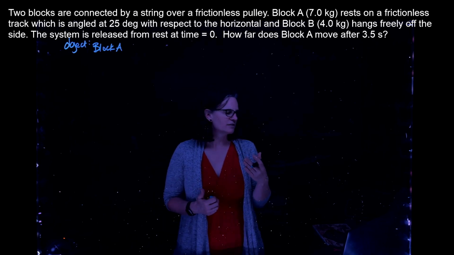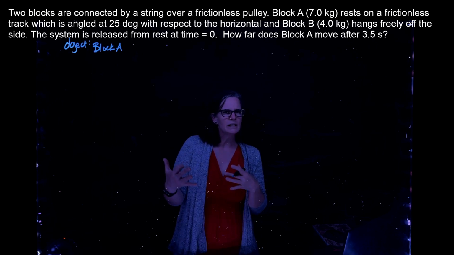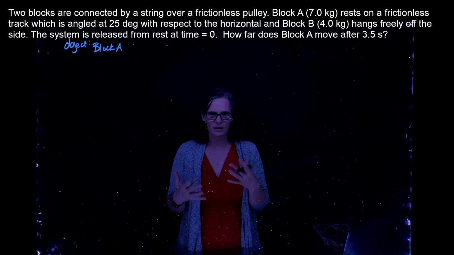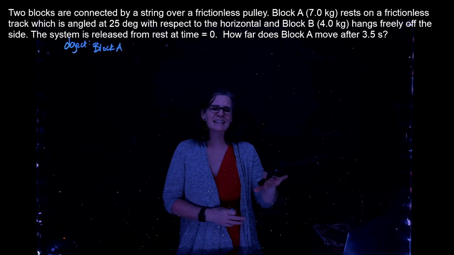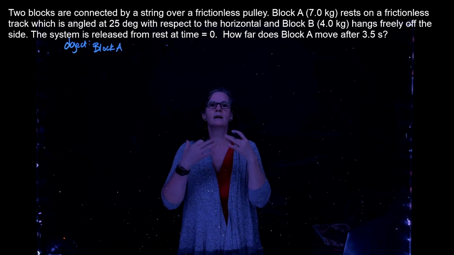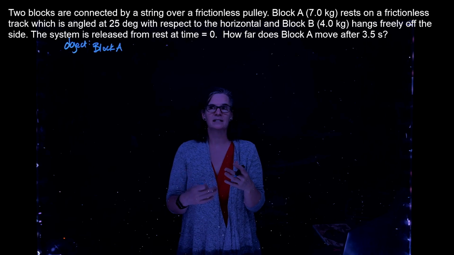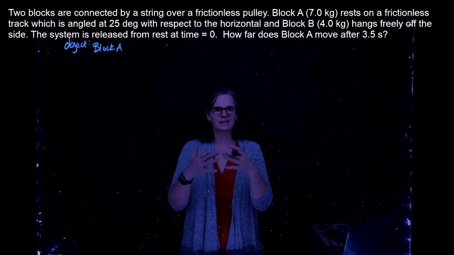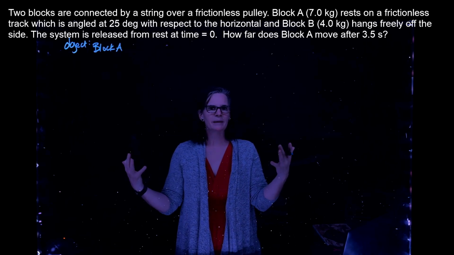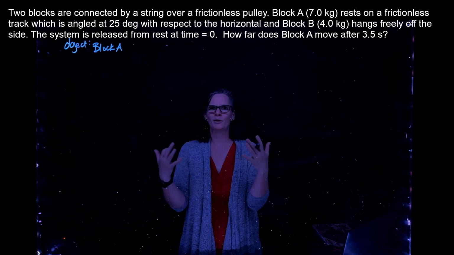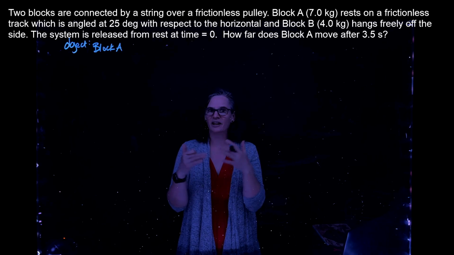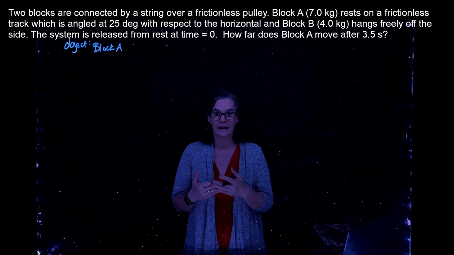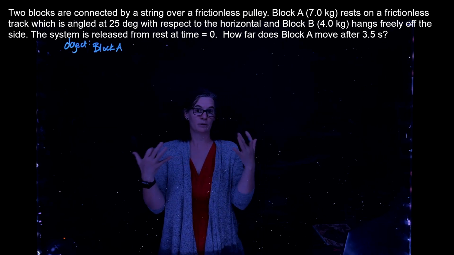We then ask ourselves, okay, well, am I dealing with motion? Am I dealing with forces? It's asking how far does the block move in 3.5 seconds? Well, how far? That's a kind of a distance, displacement, position relationship. And so kinematics is really where I should be thinking in terms of going in my process.